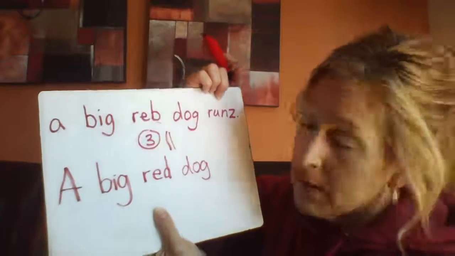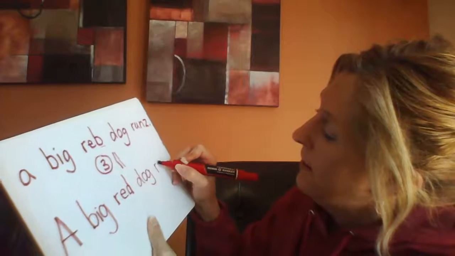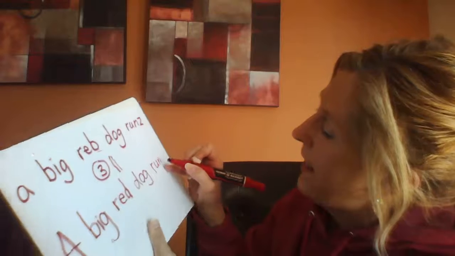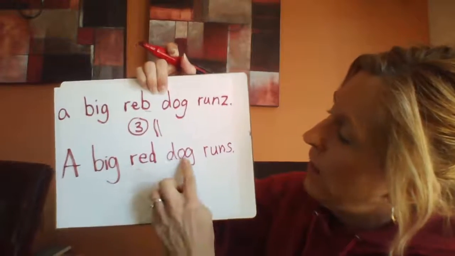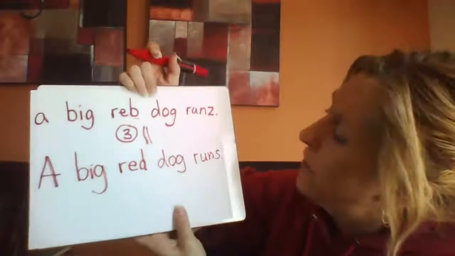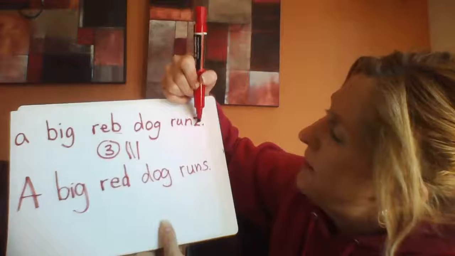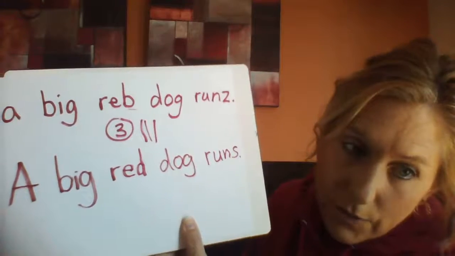It's a letter that sometimes sounds like a Z, but you're right. It should be an S. A big red dog runs. And then it had its period, so it was already there. But it should not be a Z. It should be an S, even though it sounds like it. A big red dog runs.